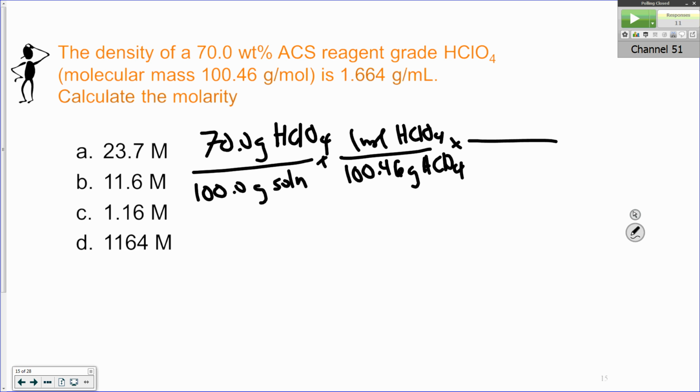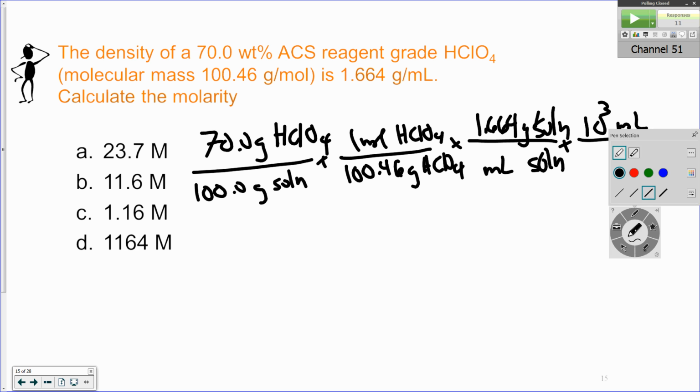Convert the grams of solution to milliliters using density. And then finally convert from milliliters to liters.